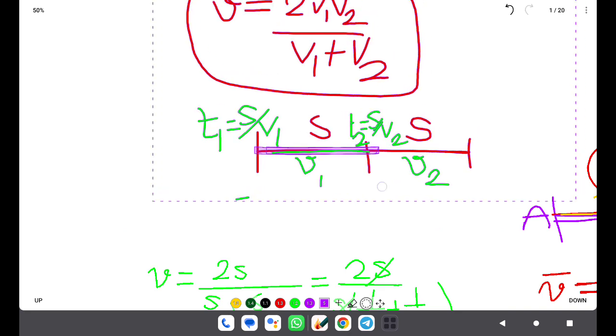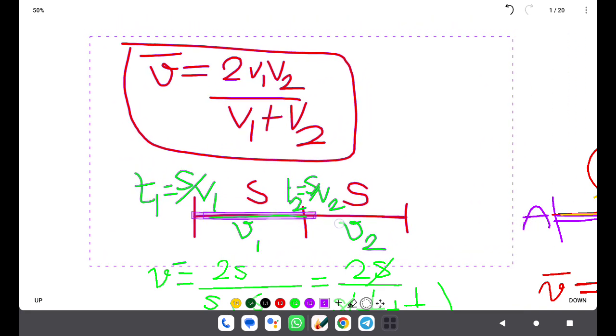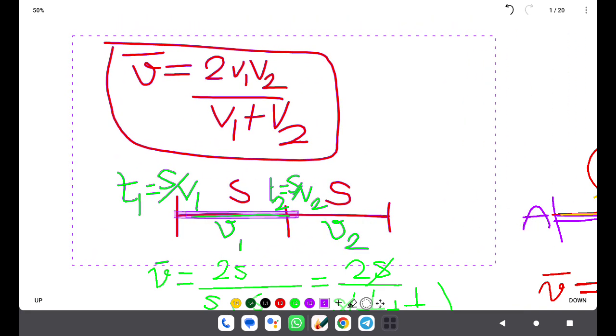Is this clear? Okay, then you must remember this.